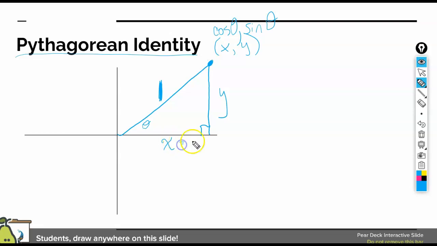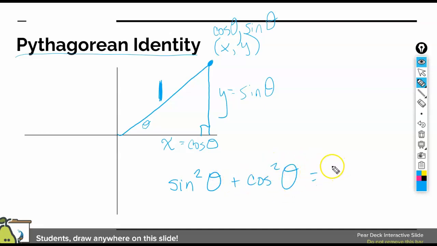If x is the same thing as cosine theta, and y is the same thing as sine theta, this is still a right triangle, and that means that the Pythagorean theorem still works. So that means that sine squared theta plus cosine squared theta has to be equal to 1, because a squared plus b squared equals c squared, and 1 squared is just 1.